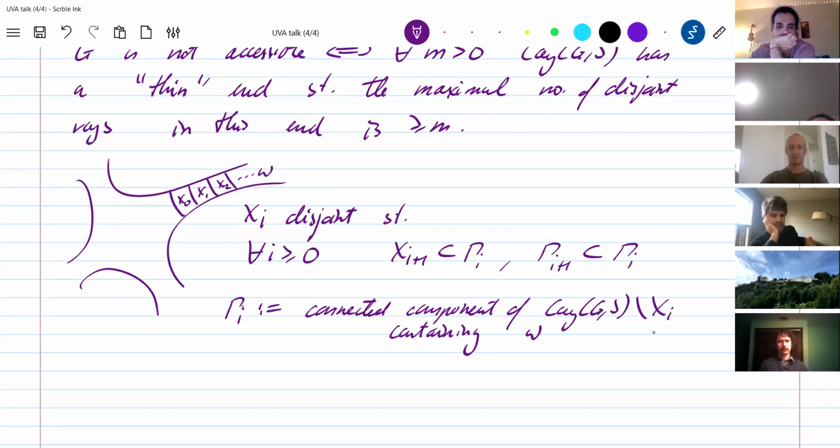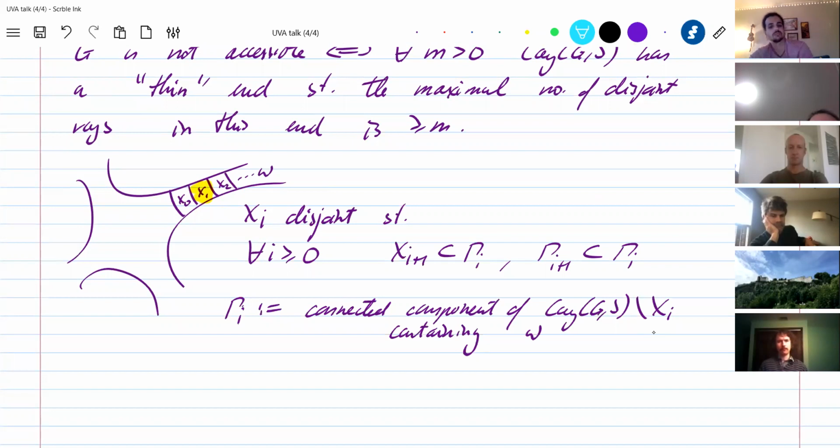Okay, so let me maybe just give you an example. If I'm looking at x1, what's gamma_1 going to be? Well, once I take away x1, what have I got left? What's the connected component of the Cayley graph minus x1 that contains omega?